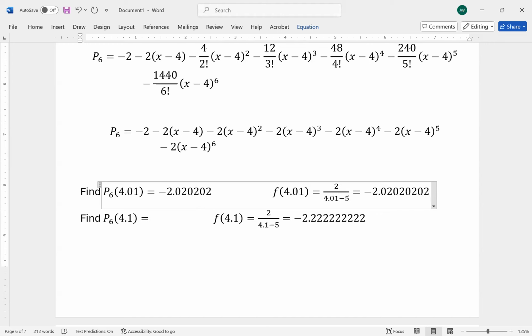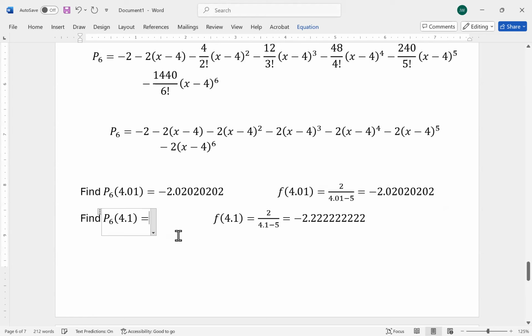Now, I do have to put a fair warning on this: it does not mean I got the exact same answer. It just means it rounded to the same number. If I would have gone out further, then it would have been different eventually.